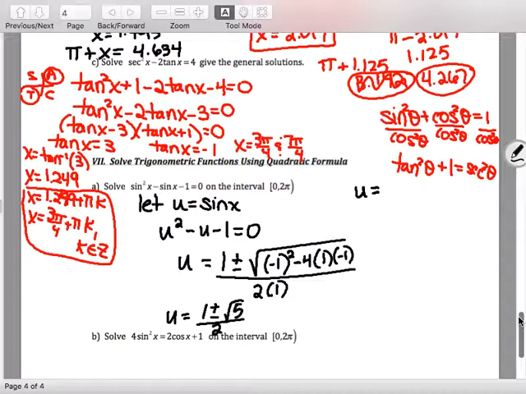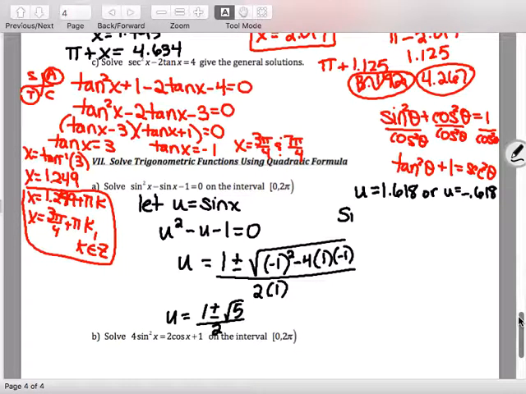I did 1 plus square root 5 divided by 2, and I got 1.618, or I got negative 0.618. I got two answers here. So use your calculators, make sure you got your 1 plus square root 5, hit enter, divide by 2, 1 minus square root 5, hit enter, divide by 2.